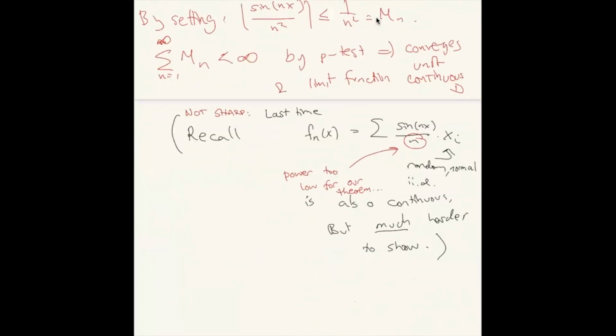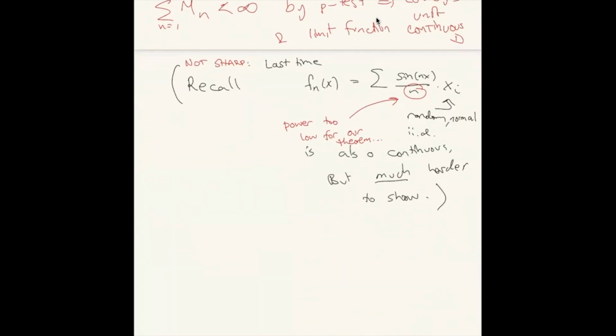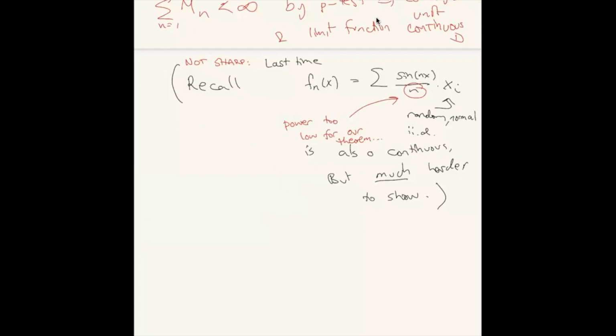Now, last time I mentioned a different series, if you had a different power of n, just one n here. If you don't have anything else there, then the Weierstrass M-test does not apply because the upper bound would be 1 over n. But if you put a random coefficient here, as in one of the examples I mentioned last time, then actually you do get something convergent.